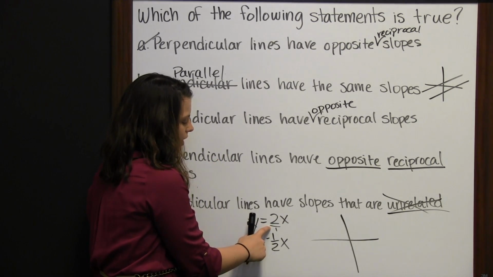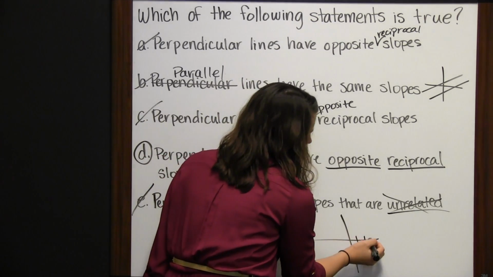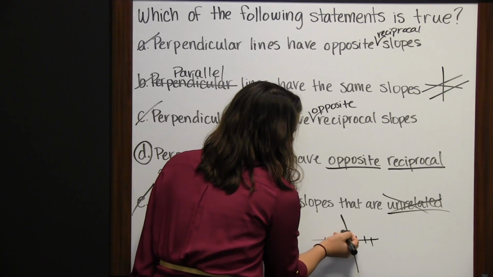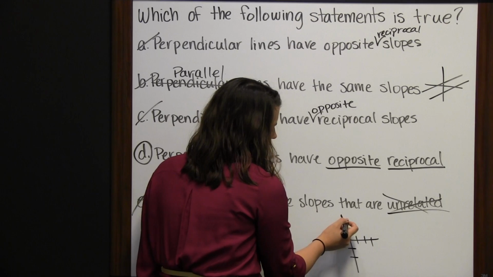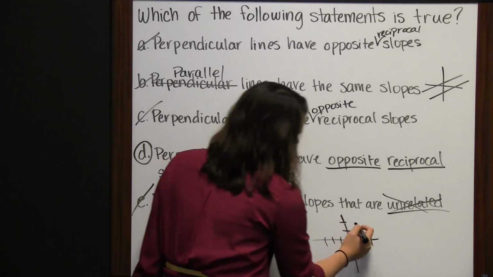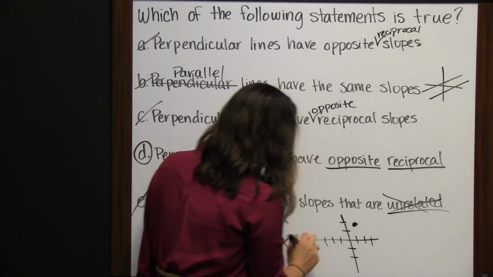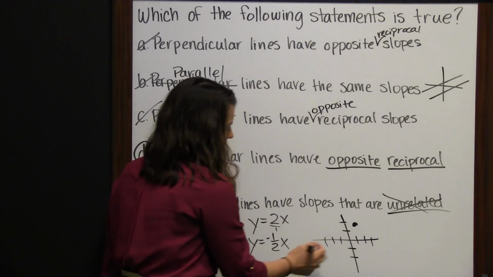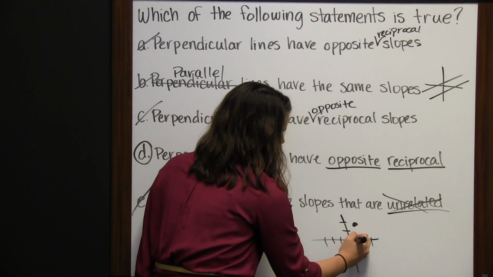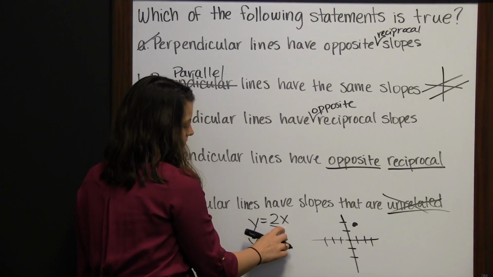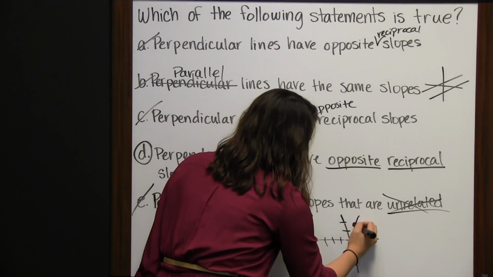So first I'll graph y equals 2x. Let me put some marks on my graph here. So y equals 2x, we would go up 2 over 1. And y equals negative 1/2 x, sorry, we could actually graph a line here. It's going through the origin because there is no y-intercept.